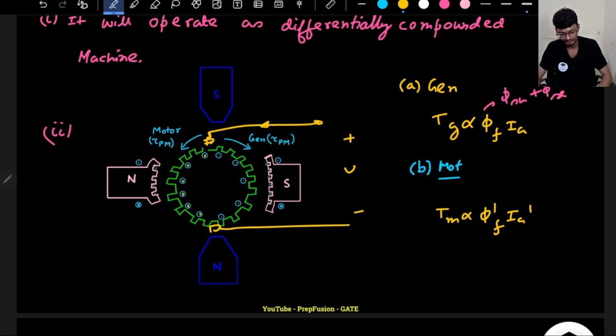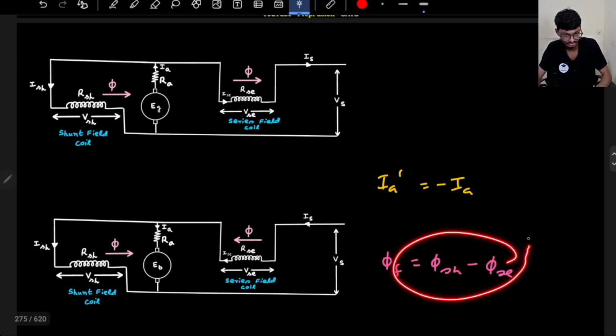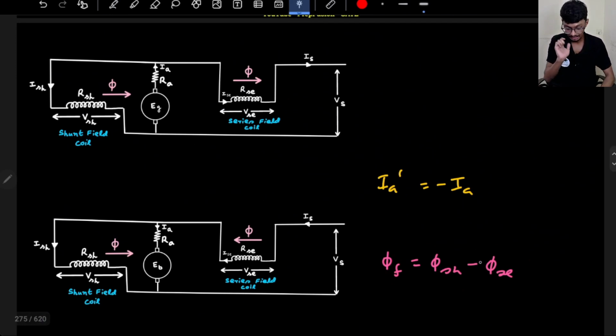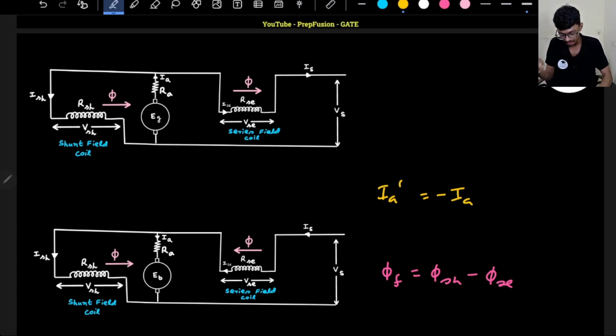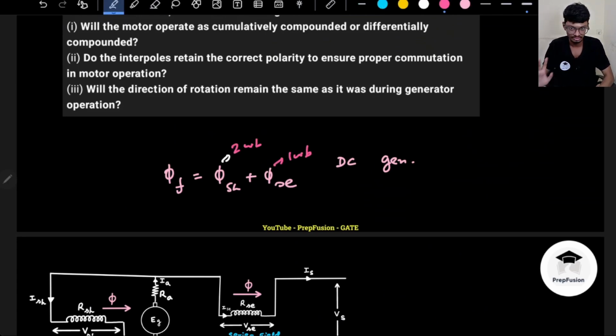So what is phi f dash? Phi f dash now has changed. It is phi sh minus phi se. But again, as the shunt field is dominating, phi f also will be in the same sign. So let me take few examples. Let's assume that this is 1 Weber, this is, let's say, 2 Weber, and this is 1 Weber, right? Phi sh is more than phi se.